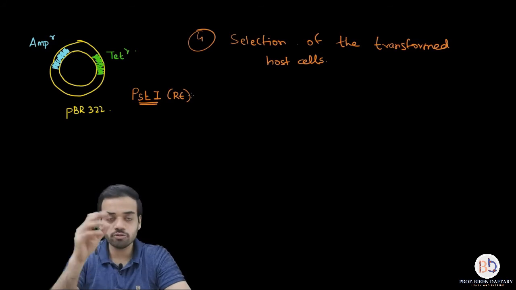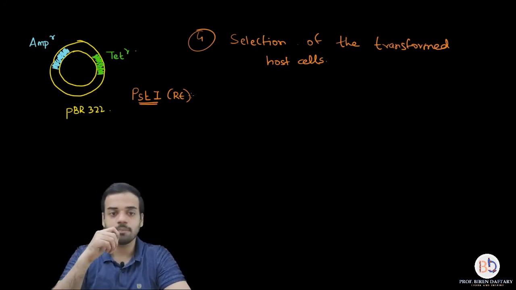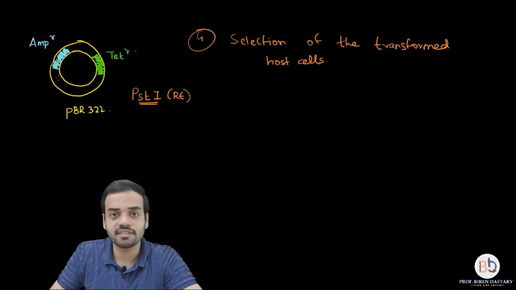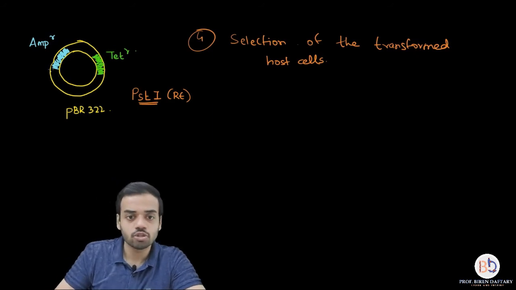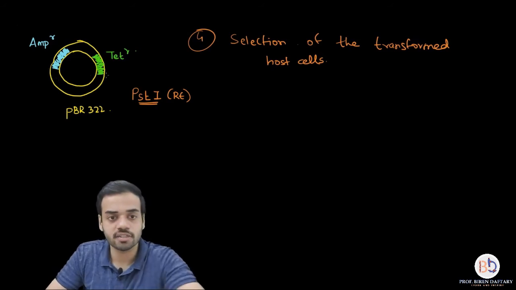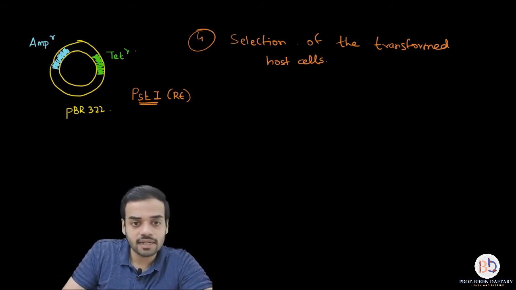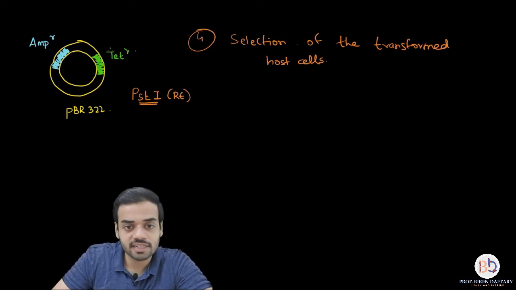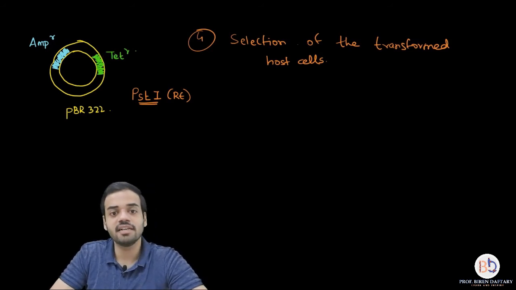Now when you see PBR322, it has restriction sites, cleavage sites. So just see where the cleavage sites are present. I am going to draw them with orange color. There are some restriction sites present in this tetracycline resistant gene area.